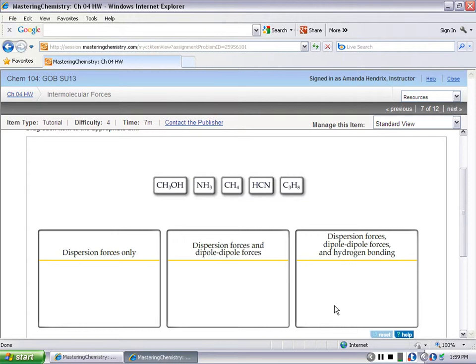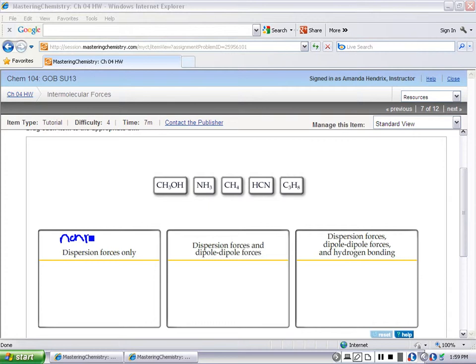The dispersion forces only. These are going to be our nonpolar compounds, and to be nonpolar they're going to have to be nonmetals. One little hint, I'm not sure if I mentioned this in the video or not: hydrocarbons, so basically compounds that contain only hydrogen and carbon, are always nonpolar.